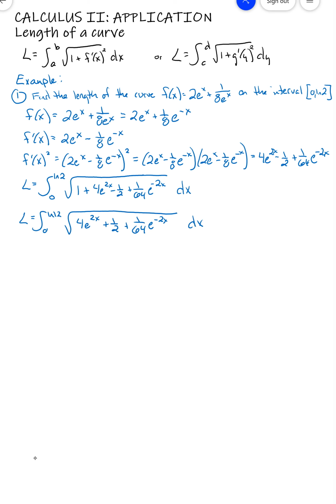All right, now let's see, what can we do with this? Well, I do recognize that this looks a lot like that. In fact, those two things are identical except for the negative. The f prime squared has a negative, whereas what I have now is a positive. That's not so bad.